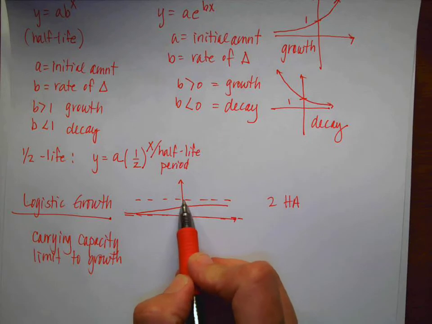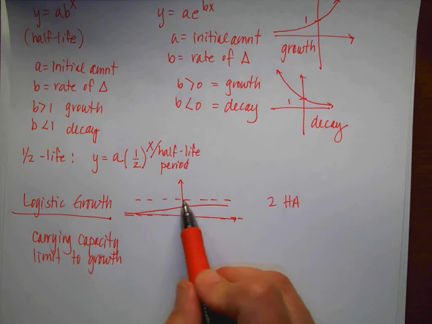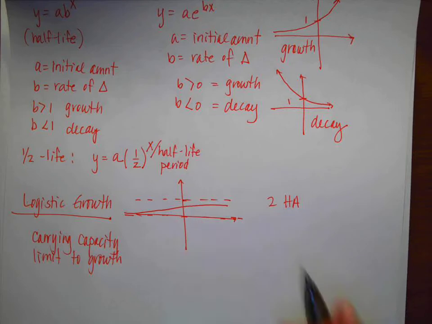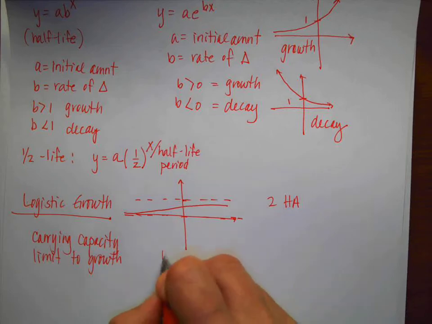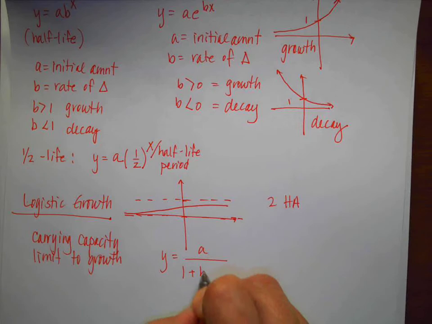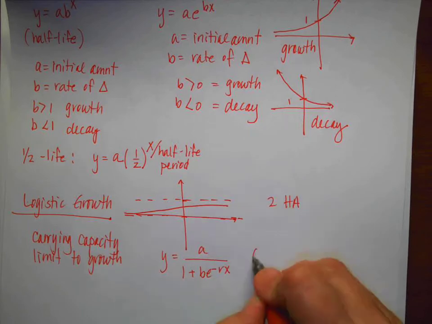This is often used in science because maybe a population of animals can only be supported by water, food sources, and other things, and so there is a limit to how many animals can actually grow in that particular area. So the formula is y equals a over 1 plus b e to the negative rx.